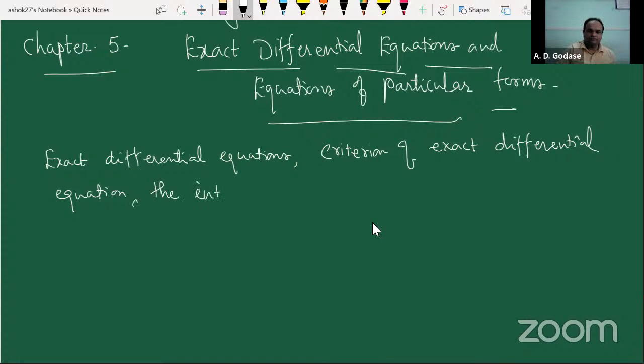The integration of an exact equation. Next, equations of the form. So these are particular forms of exact differential equations.